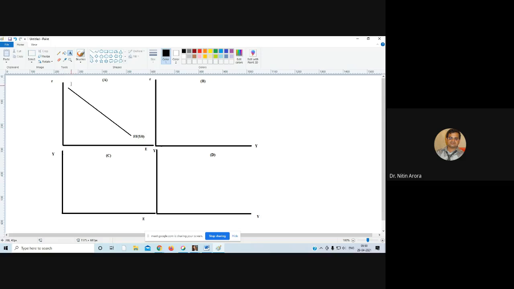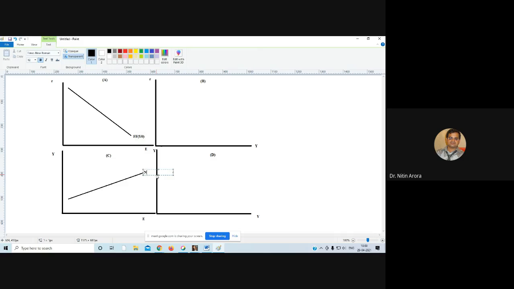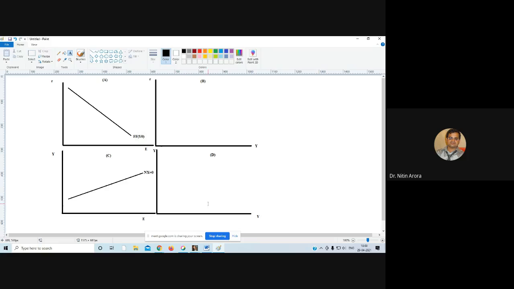Then we have the net exports curve. This is basically the locus of different combinations of income and exchange rate at which the current account is balanced.